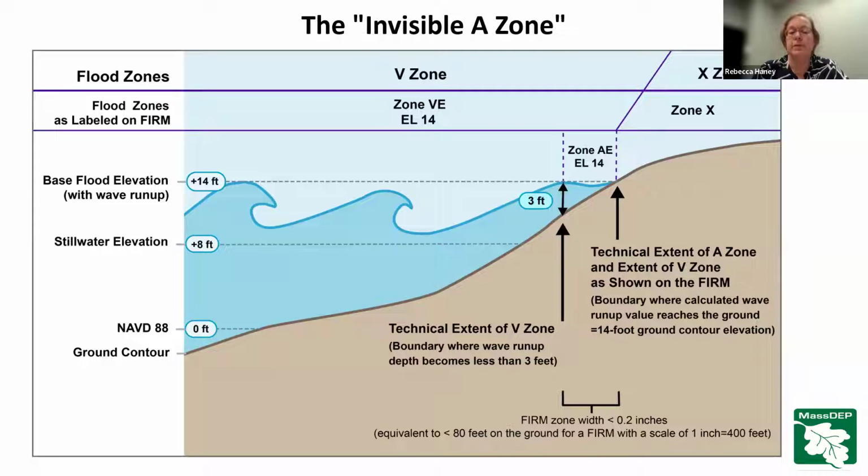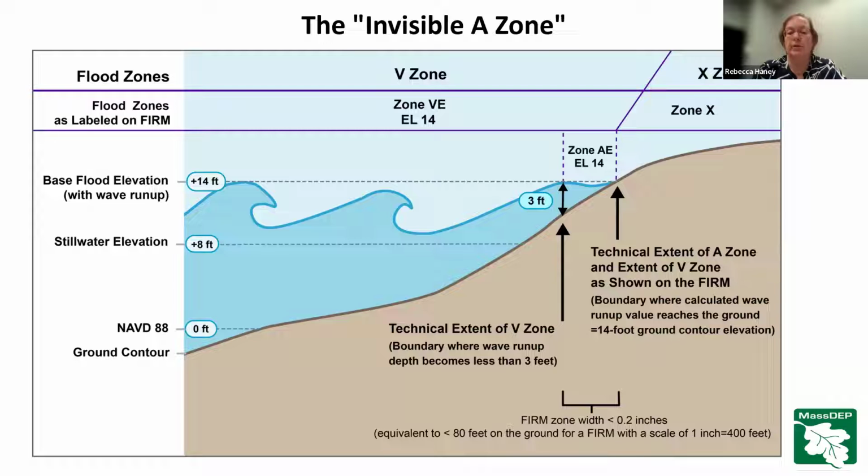So in some cases, you'll see a V zone going directly to X zone. And when we look at that, we say, hold it, you can't just go from 3 feet of waves to nothing. And you don't in reality. There is a transition there. But if that transition is less than 0.2 inches on a FEMA flood map, which is equal to 80 feet on the ground, then they consider it too narrow to map.